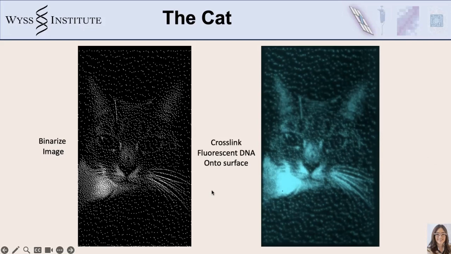But once you start to cluster these spots very close together, if you look at, I don't know, one of the whiskers, some of the spots are very close together in the binary image, and because of diffracted or scattered UV light, the cross-linked fluorescent image looks a little bit more blurry.